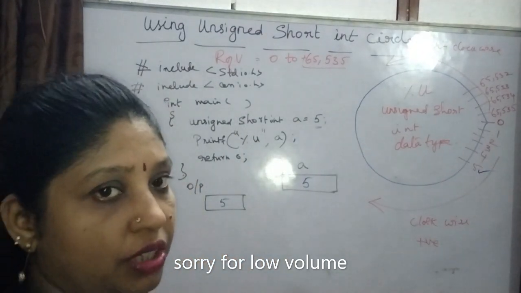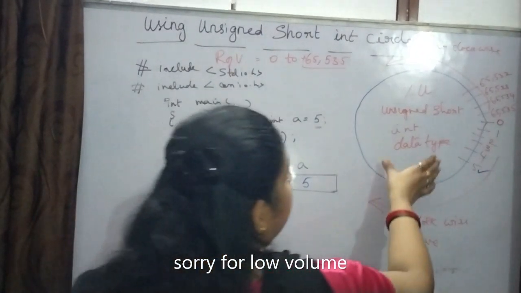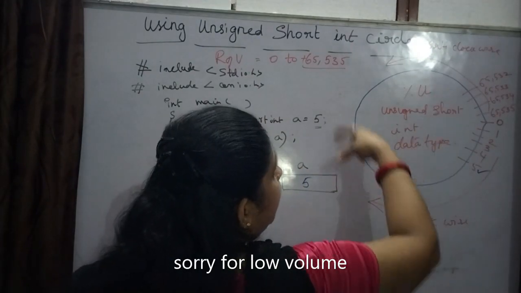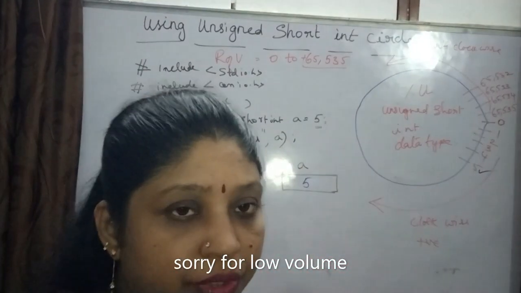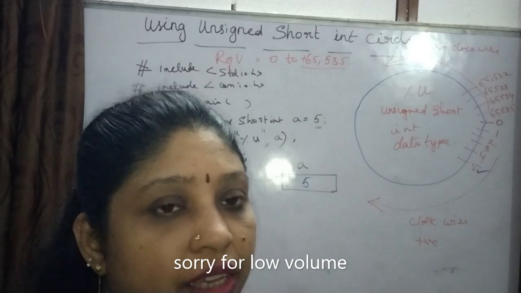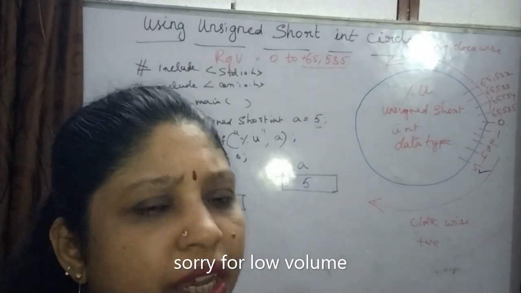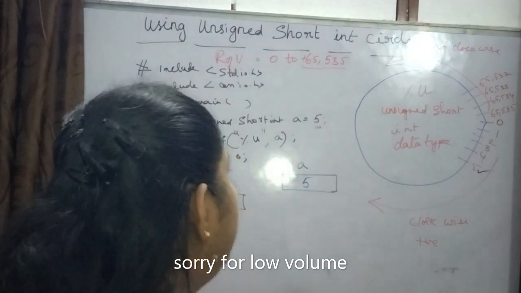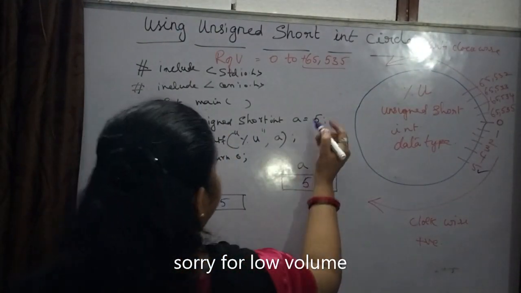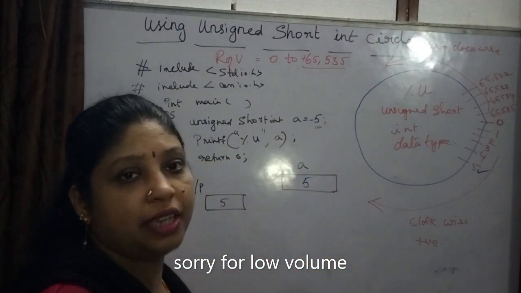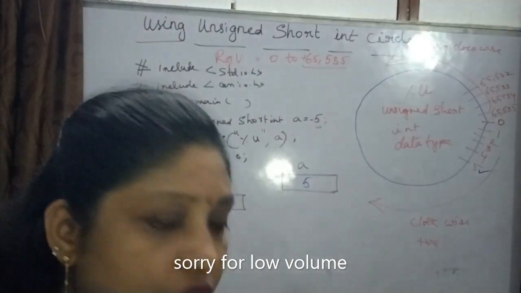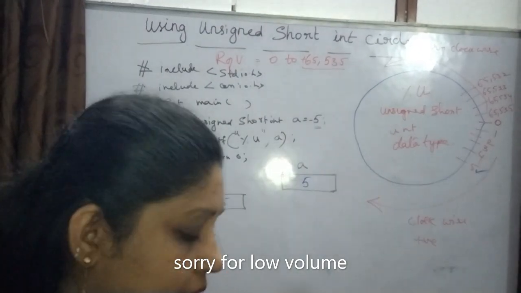You observe this thing: in this circle only positive values are there, no negative value. But I will assign to the variable minus 5. Think that I have assigned minus 5. Now you just check what happens.